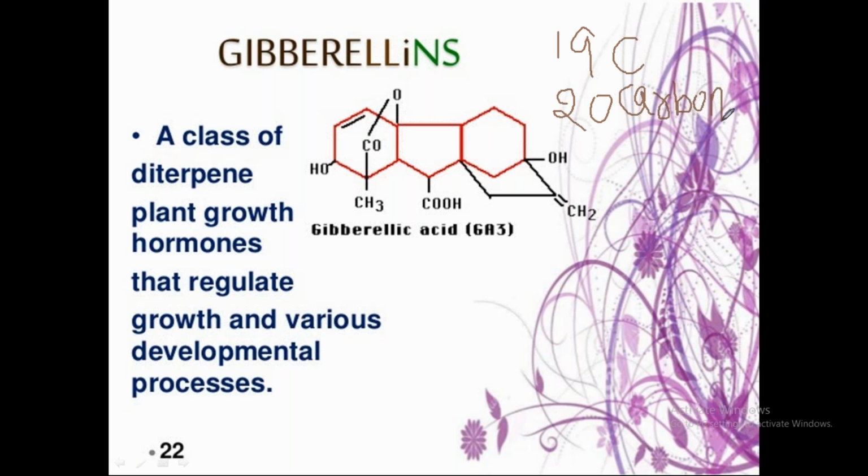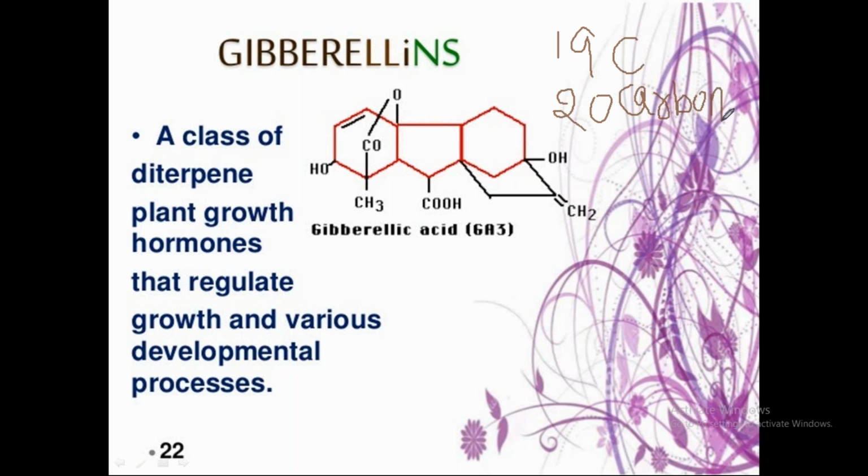Gibberellin is a diterpene hormone and it is the most important hormone. And one point to keep in mind, students, you can also note these points in your notebook. These are the largest known class of plant hormones. Out of the other hormones, we have studied the plant promoters as well as inhibitors.